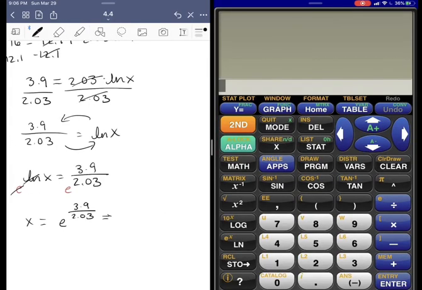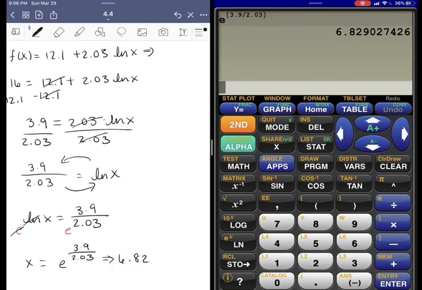So there's our calculator. We have second e, open parentheses, 3.9 divided by 2.03, close that. And we get 6.82, correct?